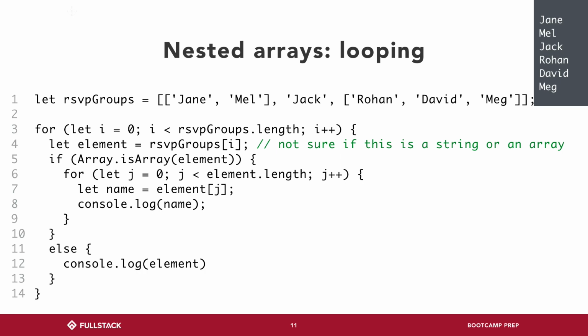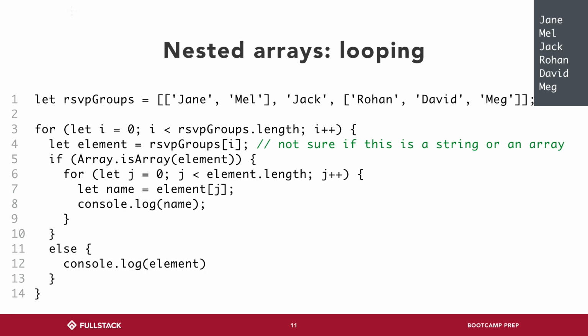Yeah. So you'd call it a numbered array, and you'd say numbered array dot push, and if you saved name as element J plus the index, then you say push name, it would show up as Jane 0, Mel 0, and then you'd have an array.